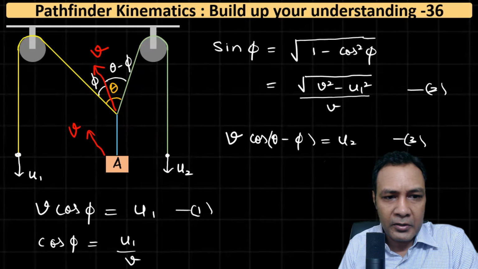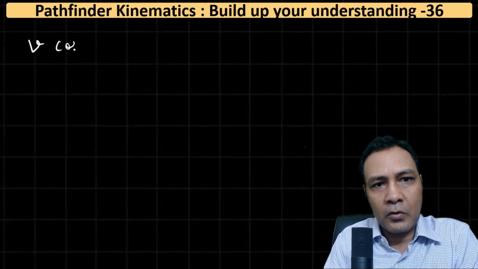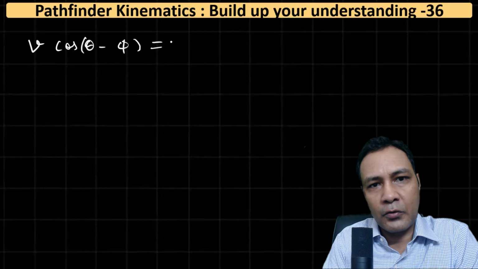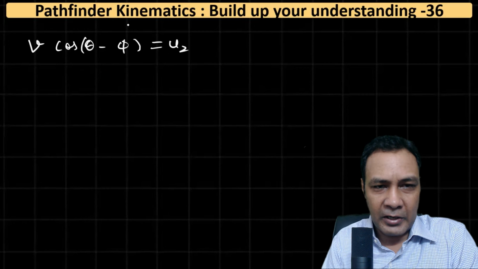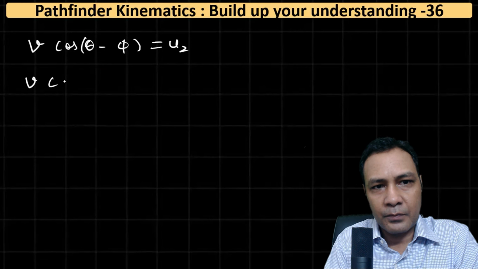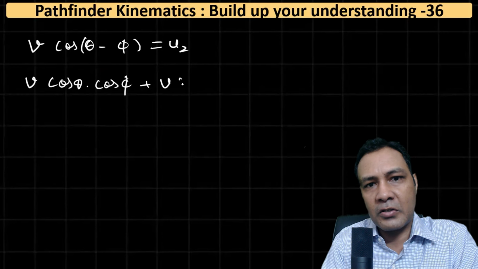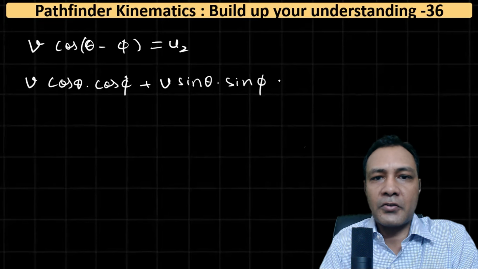So let me go to the next page. Rewriting the equation, v cos(theta minus phi) is equal to u2. Just expand cos(theta minus phi). So that will be v cos theta into cos phi plus v sin theta into sin phi, and that is equal to u2.